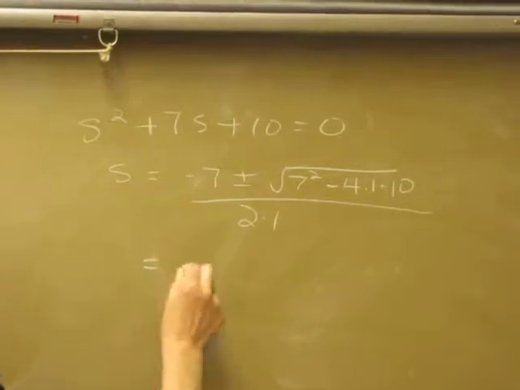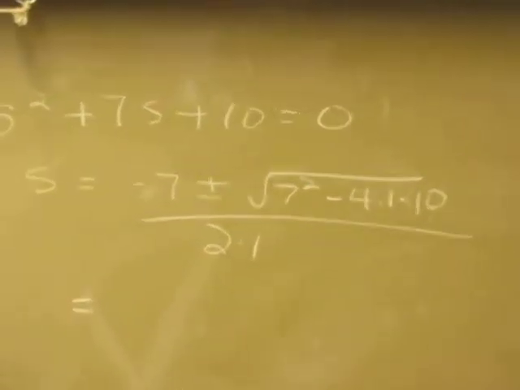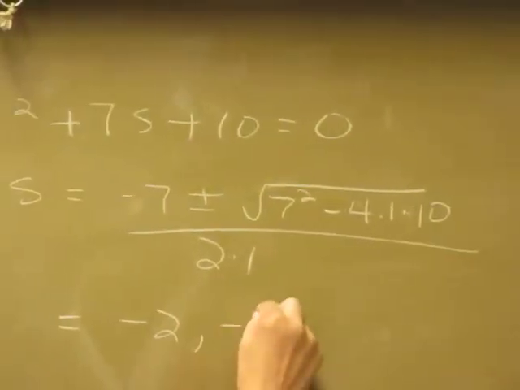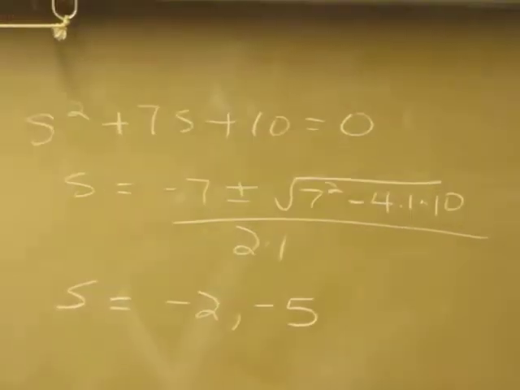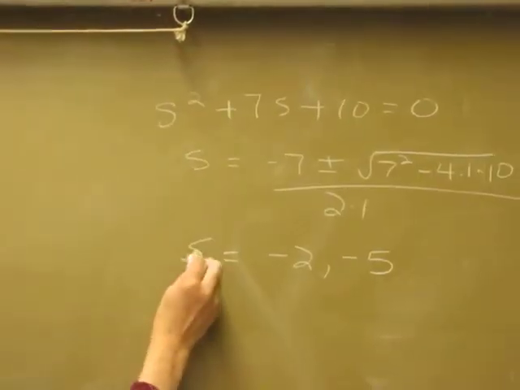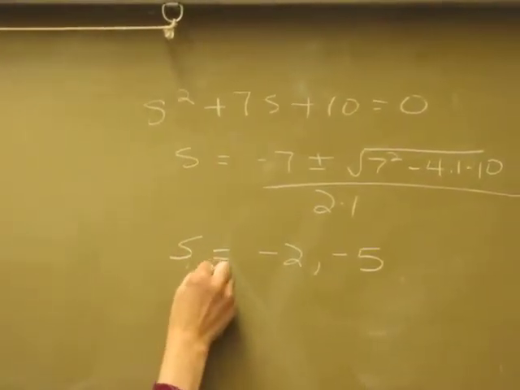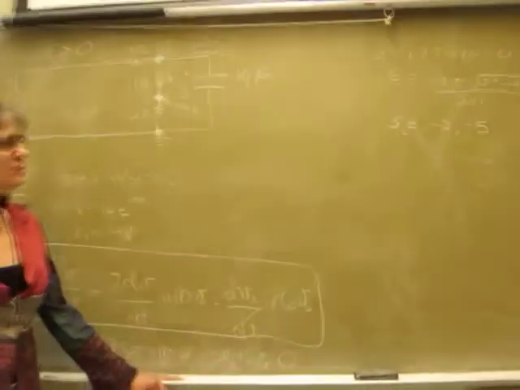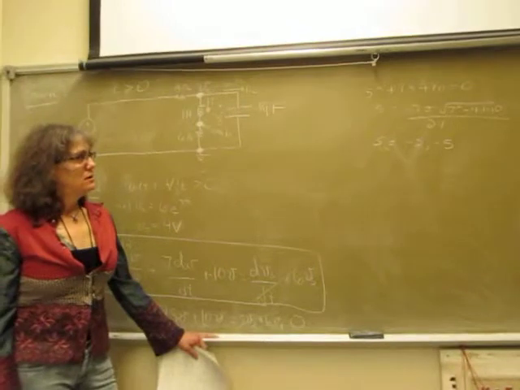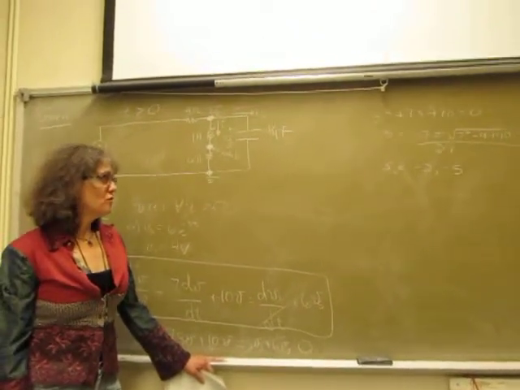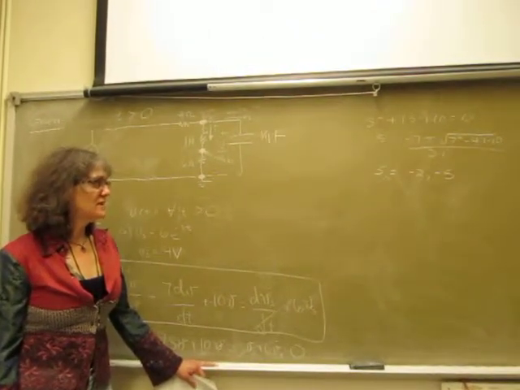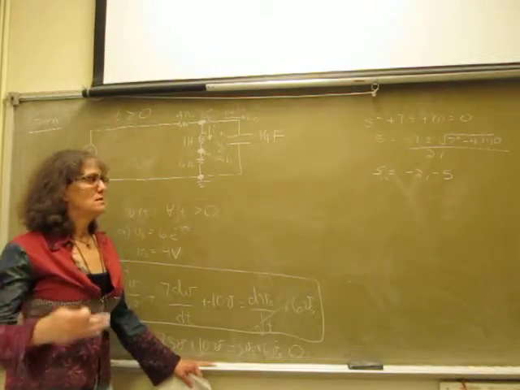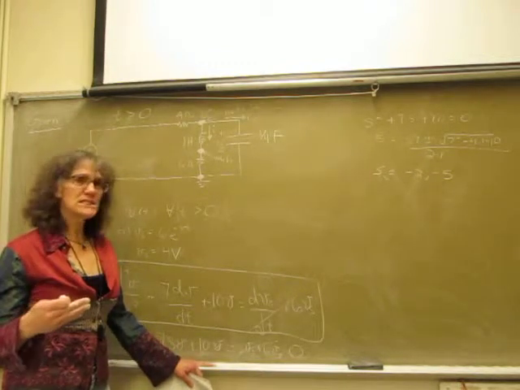Because I can't do math in my head in front of the camera, we get 2 roots: one is minus 2 and the other is minus 5. Those are the roots, and we see that they are negative and distinct.